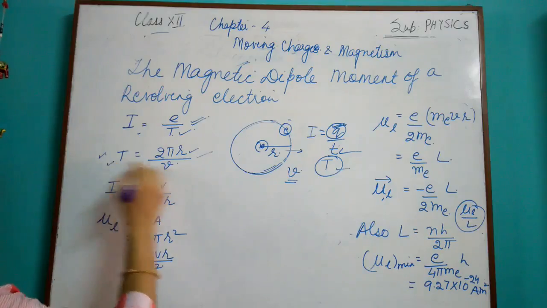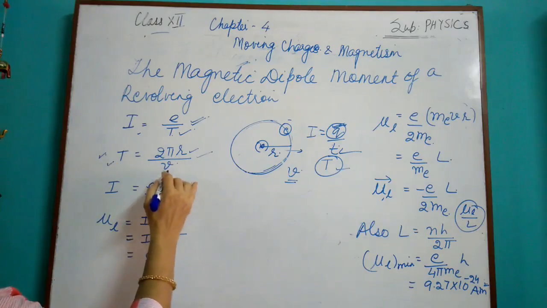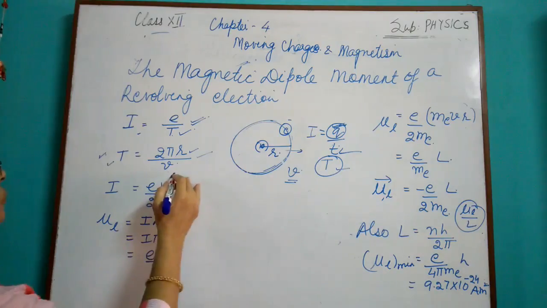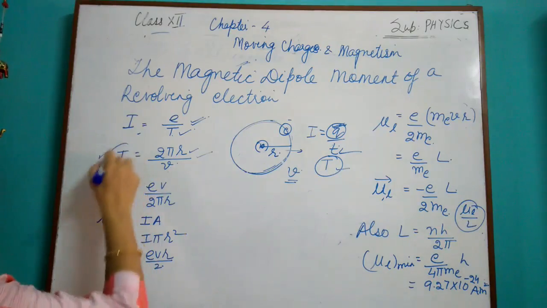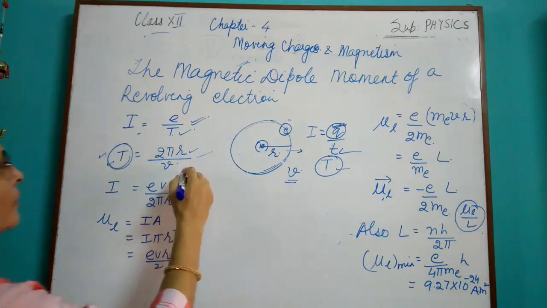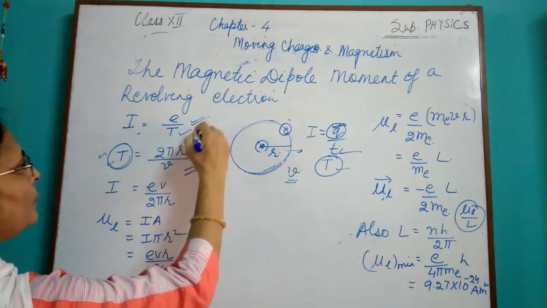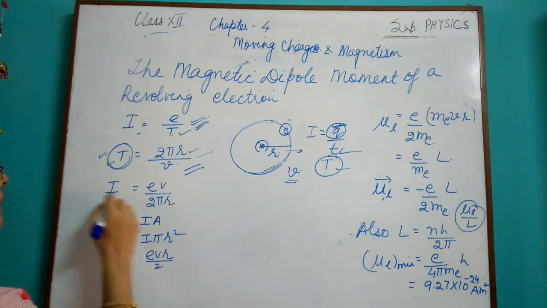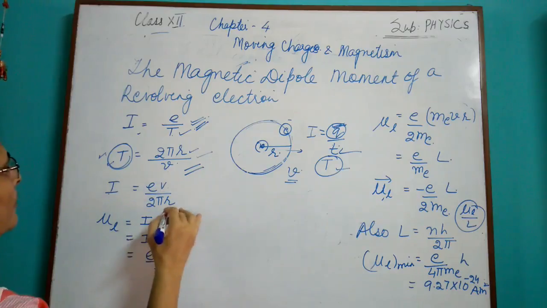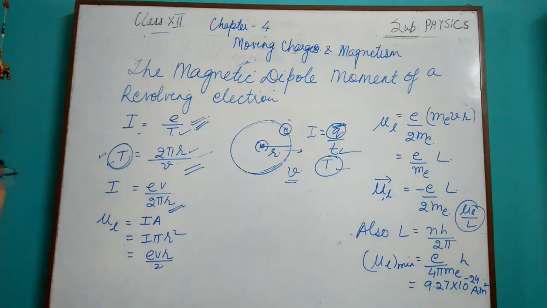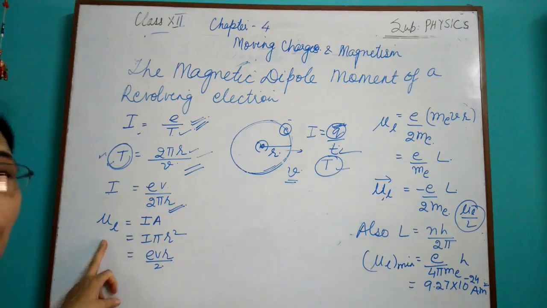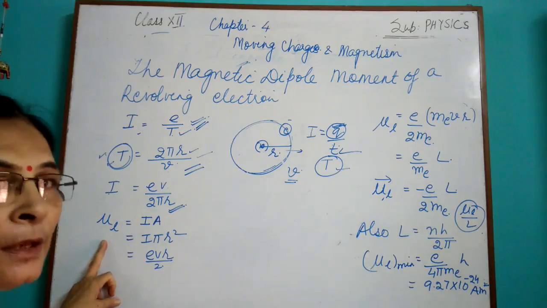So capital T is equal to 2 pi r upon v. We can substitute the value of T from this equation into the previous equation. You will obtain I is equal to e v upon 2 pi r.